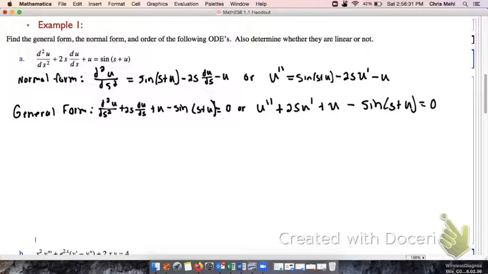These would then be what order? Well, the highest derivative that appears is the second, so this is a second order differential equation. I gotta work on my handwriting with this stylus pen.